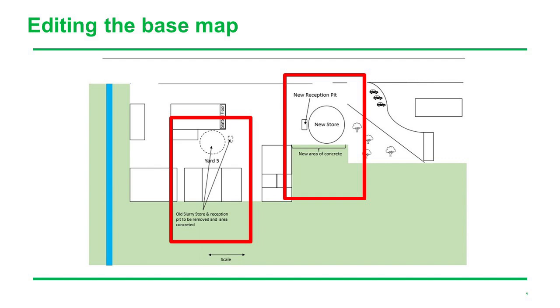Show any changes you will be making to current structures or areas of concrete and hard standing, such as expansion or relocation. You will also need to include any underground features or features situated within buildings, including reception pits, slatted floor stores, and ring stores.